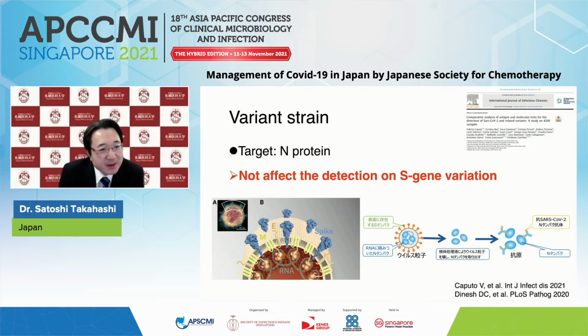So this test does not affect the detection of S gene variation. From a report from Italy, they confirmed it does not affect the detection of the original strain and alpha strain.